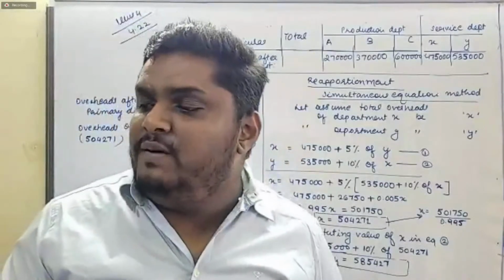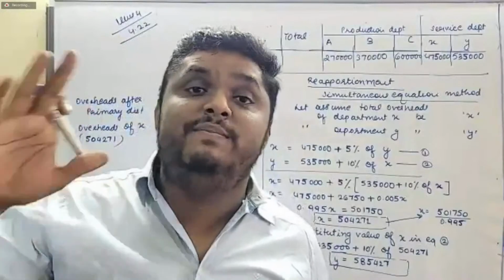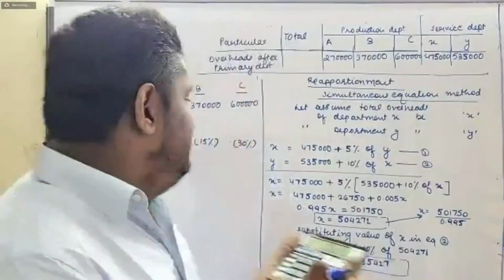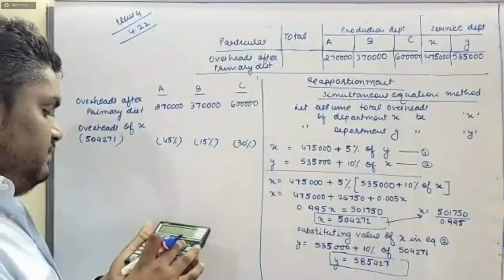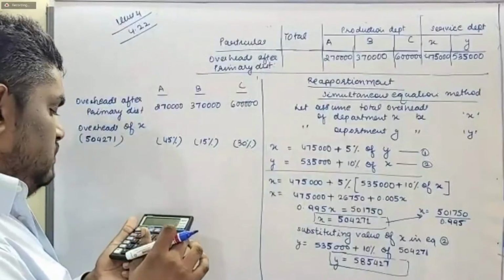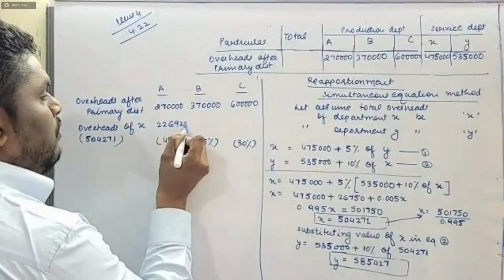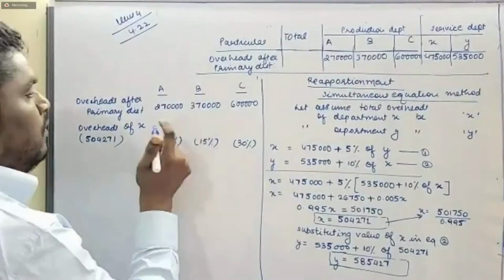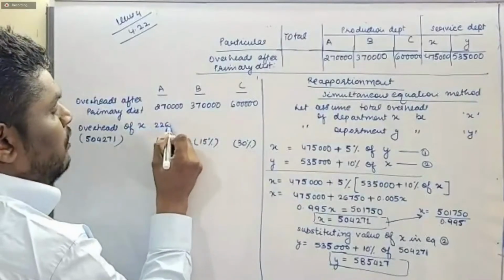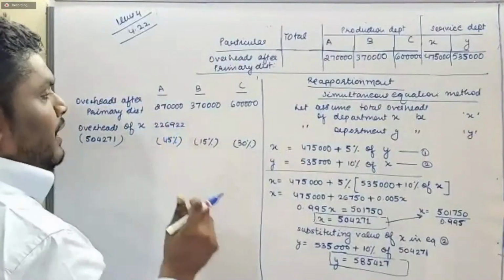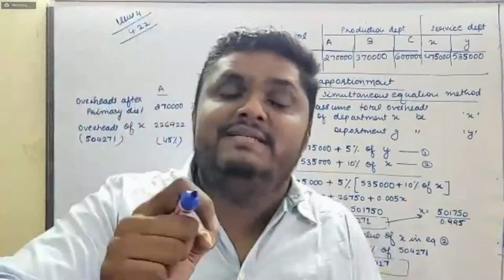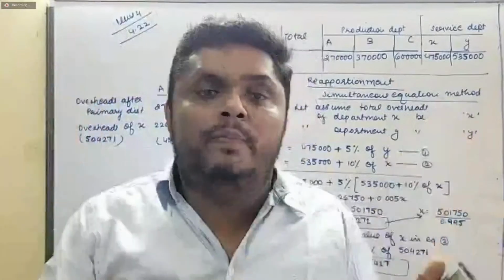45%, 15%, and 30%. The balance 10% will not be distributed.